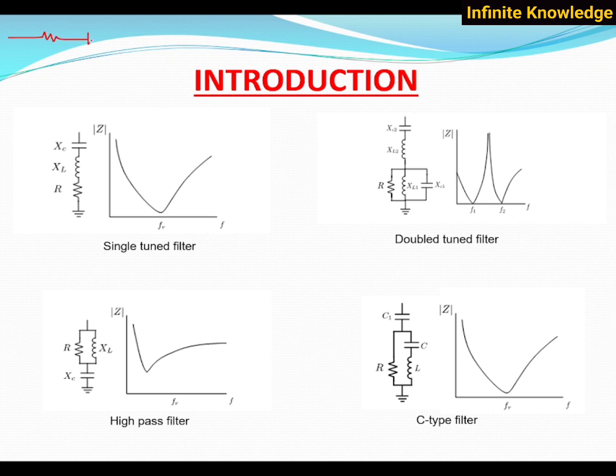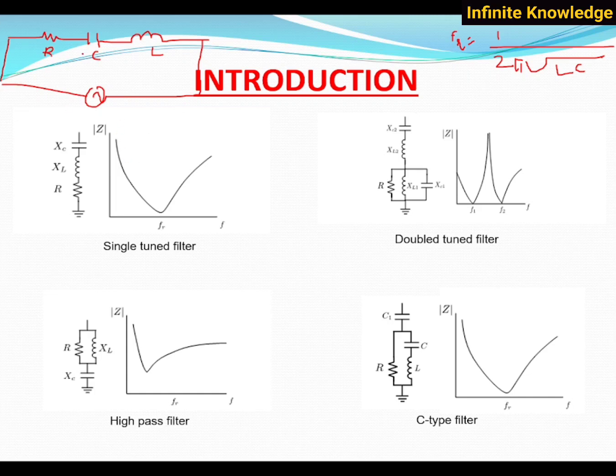In an RLC series circuit, if you are supplying this series circuit at its resonance frequency, how do you calculate the series resonance frequency? There is a formula: fr is equal to 1 upon 2 pi under root L into C. This is the L, this is the C, and this is the R. If I am supplying this circuit at the resonance frequency, what will happen?